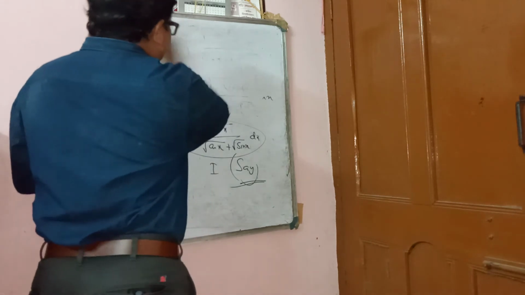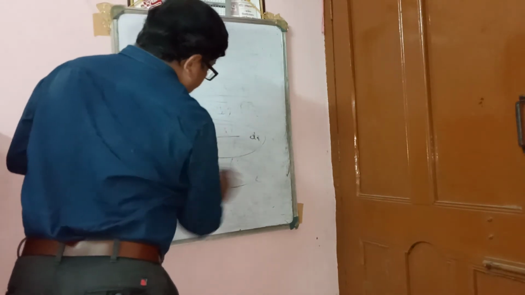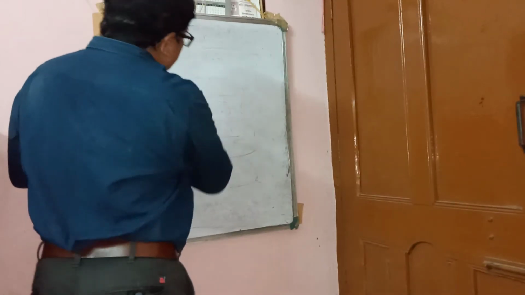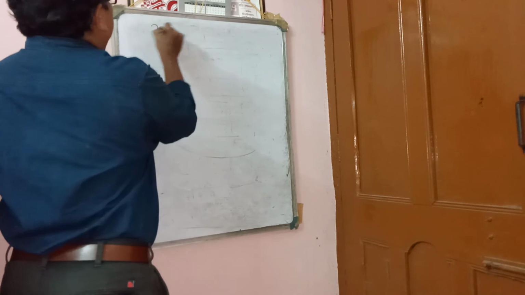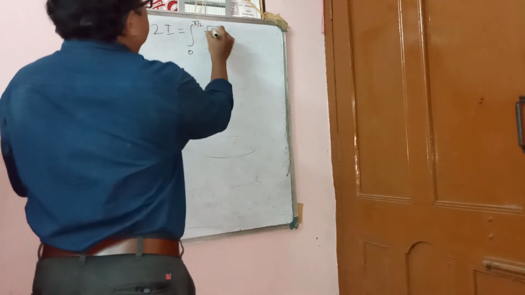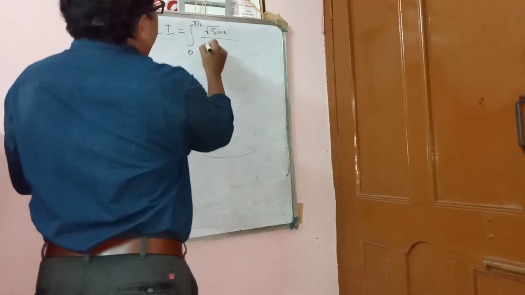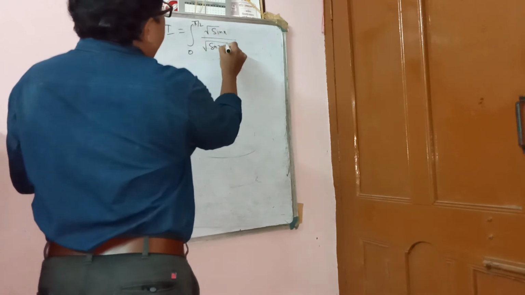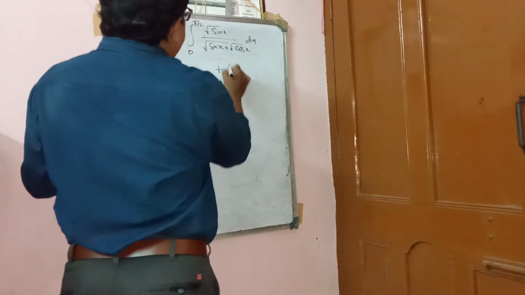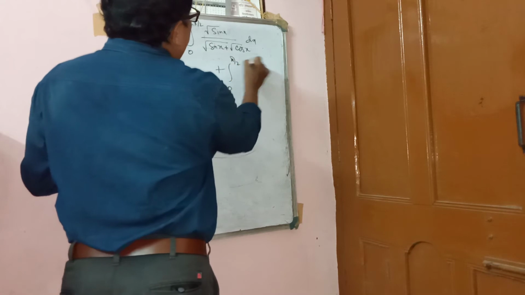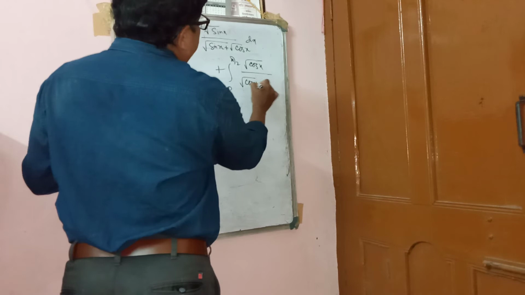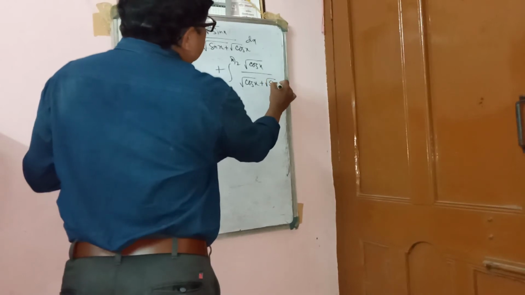So we can write here 2I equals the integral from 0 to pi by 2 of root sin x by root sin x plus root cos x dx, plus the integral from 0 to pi by 2 of root cos x by root cos x plus root sin x dx.